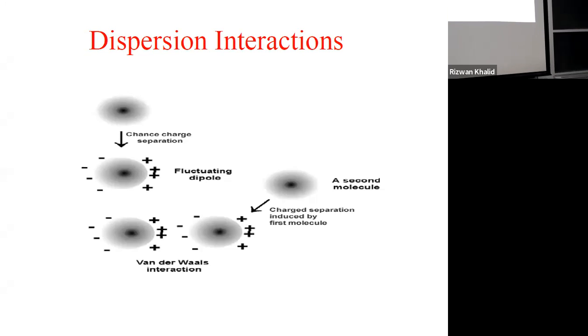These quantum fluctuations will induce polarization in its neighbors, and the interaction of these fluctuations with their induced fluctuations gives rise to what is called van der Waals interaction.